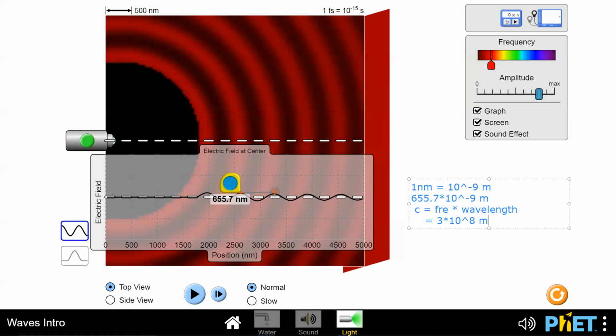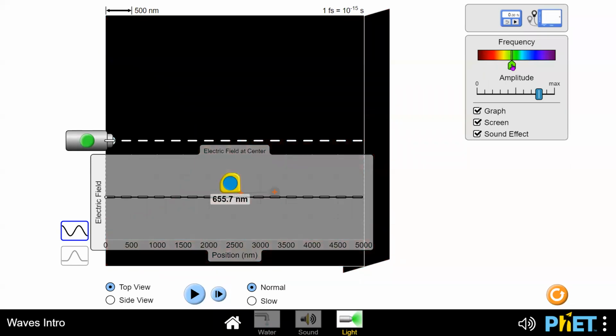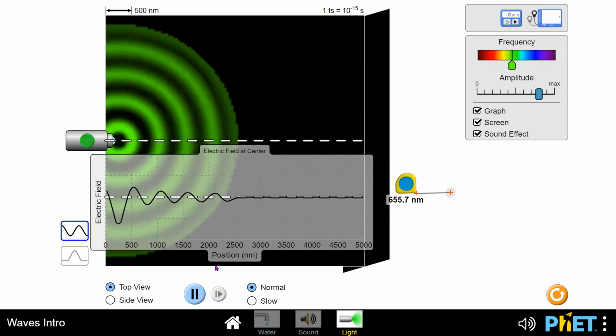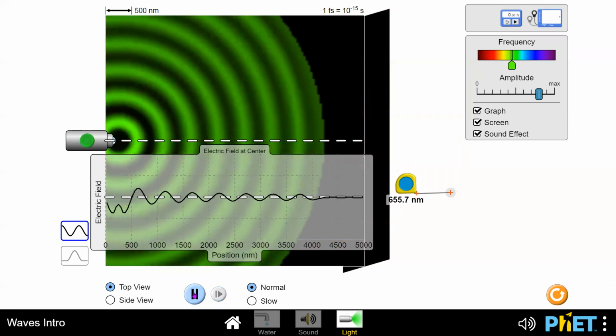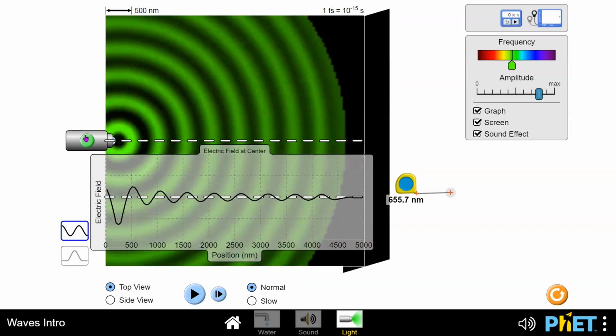Now if you go to the green one, what will happen? Let me put this cursor to the green, and again do the same thing. Okay, it's enough.